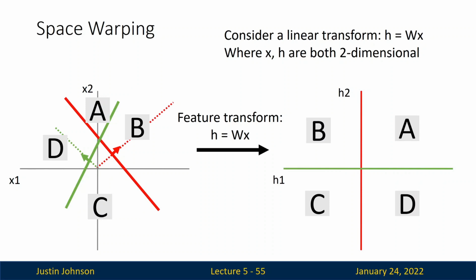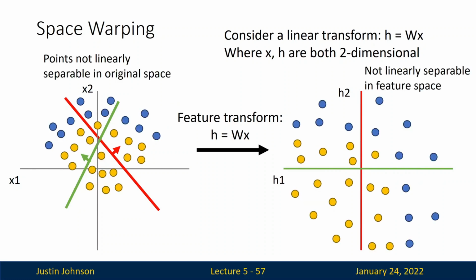A means positive H1 and positive H2, and D is positive H1 and negative H2, etc. Suppose we have many instances to classify, and we use feature transform. This means that we create a matrix to convert those coordinates from x1, x2 to h1, h2. And suppose this is their distribution.